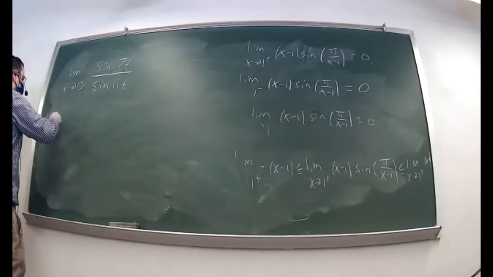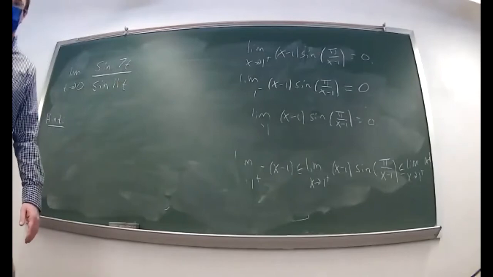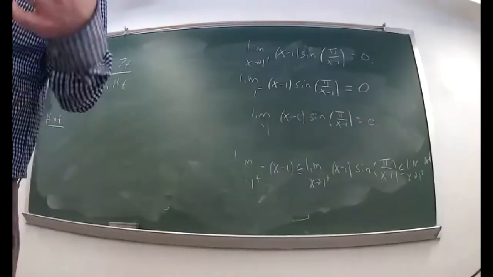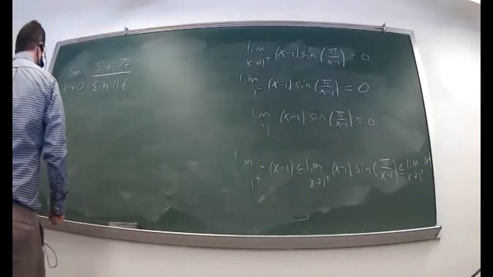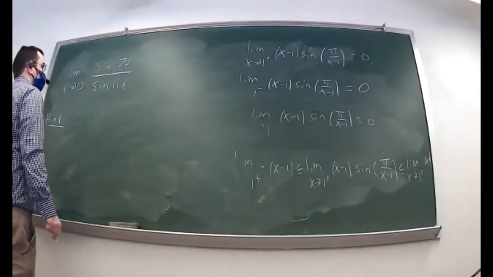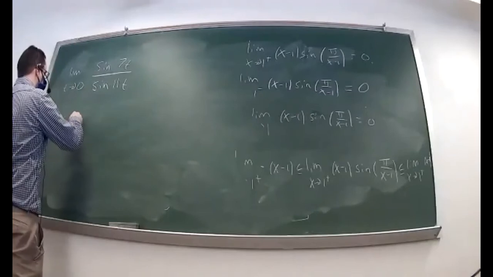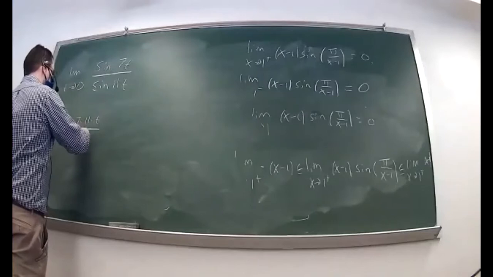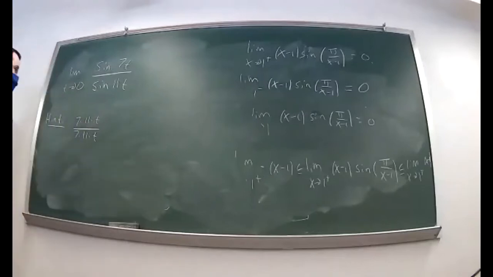but they do give you a hint, and the hint says multiply numerator and denominator by 7 times 11 times t. So in other words, multiply by 7 times 11 times t divided by 7 times 11 times t.